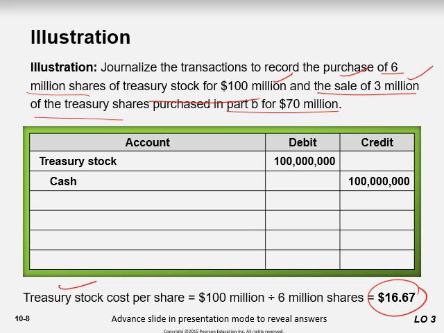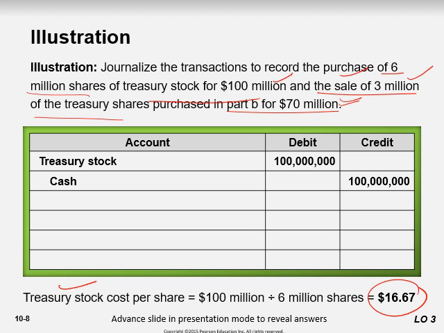The next one is you sell 3 million treasury shares for 70 million. It means you receive cash of 70 million, right? And you decrease 3 million treasury shares.